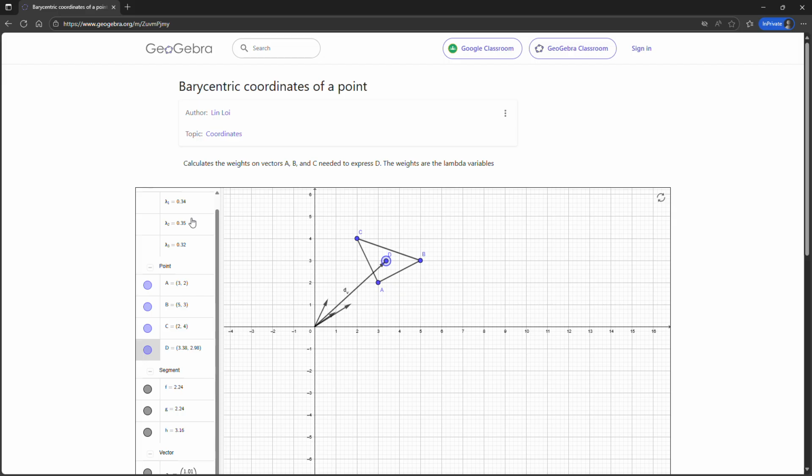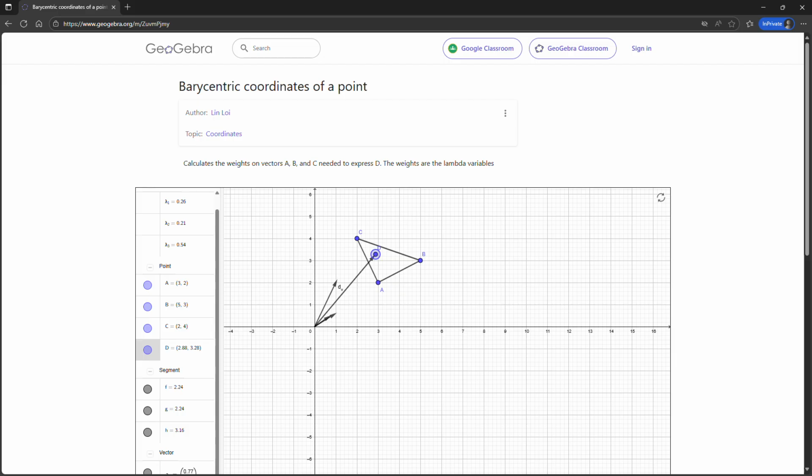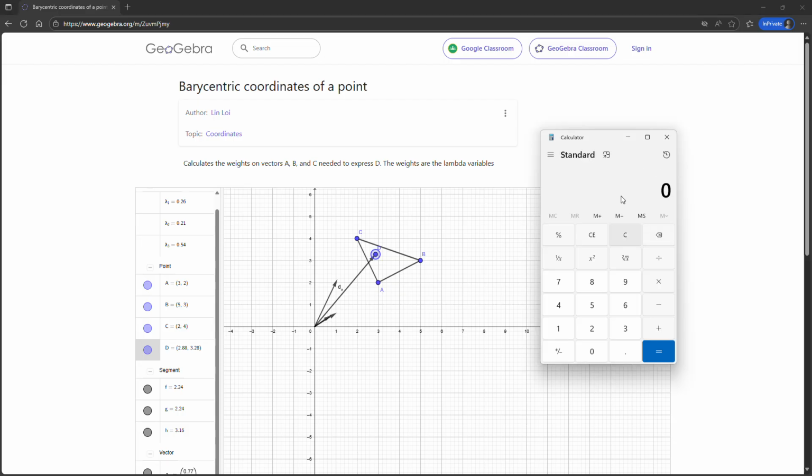So if you add up all these values, you're going to get 1, right? So let us do some raw math. 0.34 plus 0.35 plus 0.32 equals 1. This is because of rounding. Rounding error, guys. Don't give me a hard time. All right.